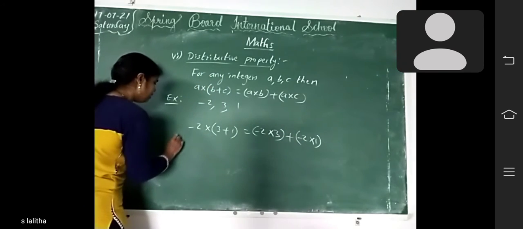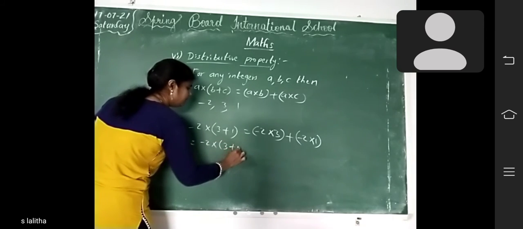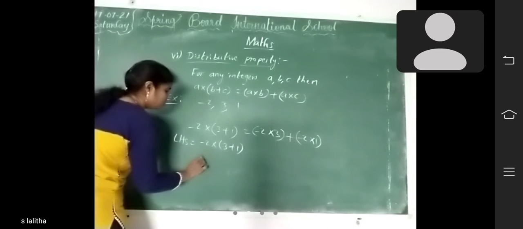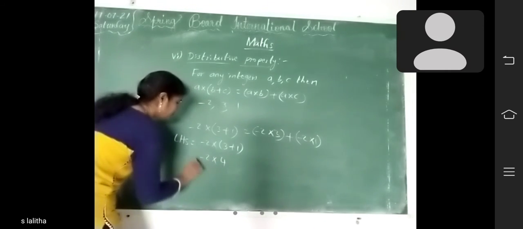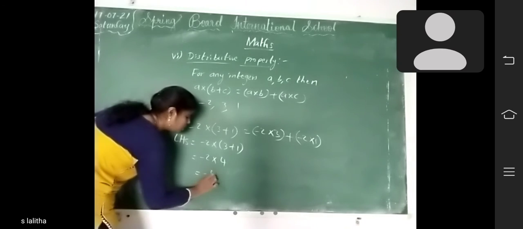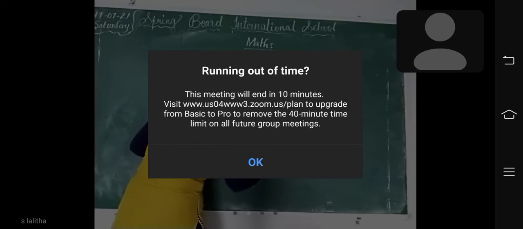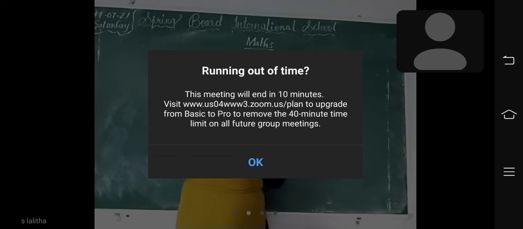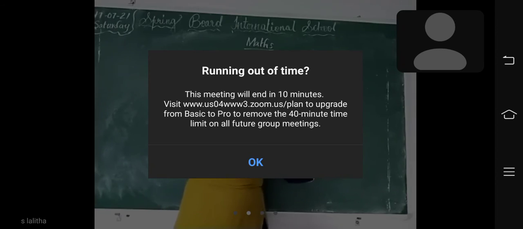Now I am taking the left hand side. Minus 2 into 3 plus 1. 3 plus 1 is how much, children? 4. So minus 2 into 4 is how much? Minus 8. Now the RHS: minus 2 into 3 plus minus 2 into 1. 2 threes are 6, so minus 6, plus minus 2 into 1, which is minus 2.